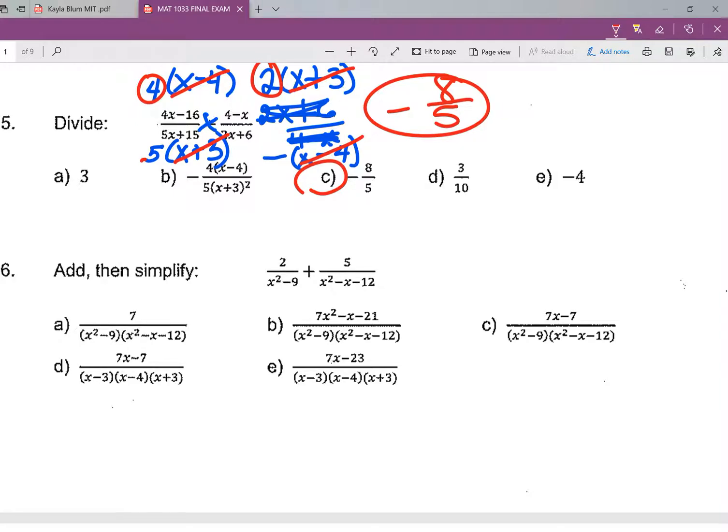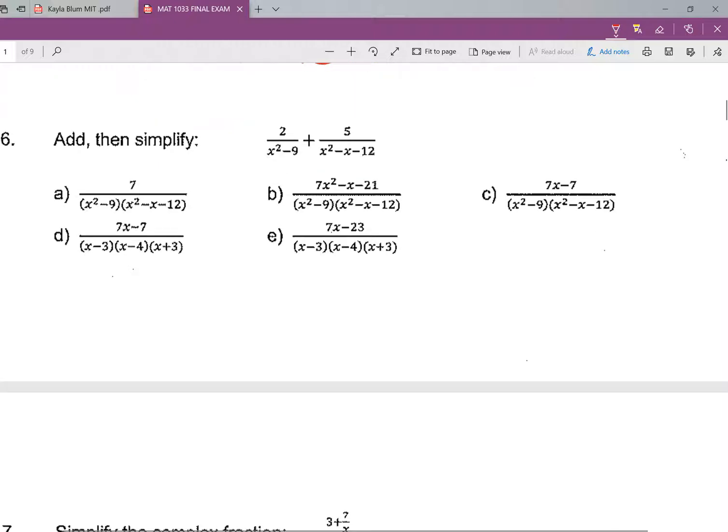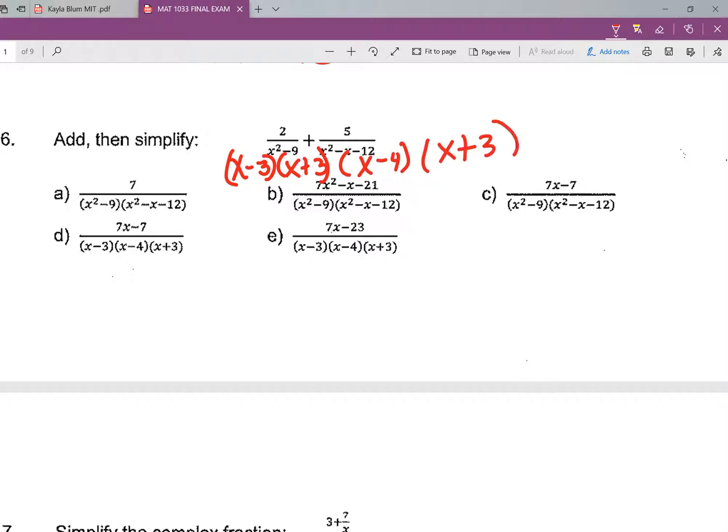Alright, and then for number 6, it says add, then simplify. So for this one, you have to consider what is common to the denominator. This is x minus 3, x plus 3. This, if I factor this out, will become x minus 4, x plus 3 for the denominator.